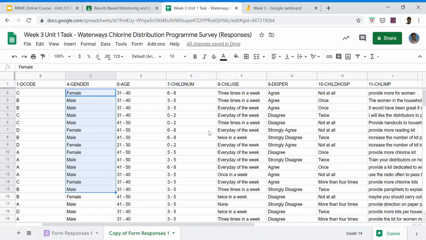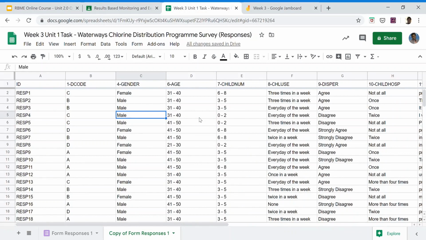So I could decide to look at the number of times chlorine is used in a week, disaggregated by gender, for example. I could also know how the people in this community use chlorine to purify their water in a week.